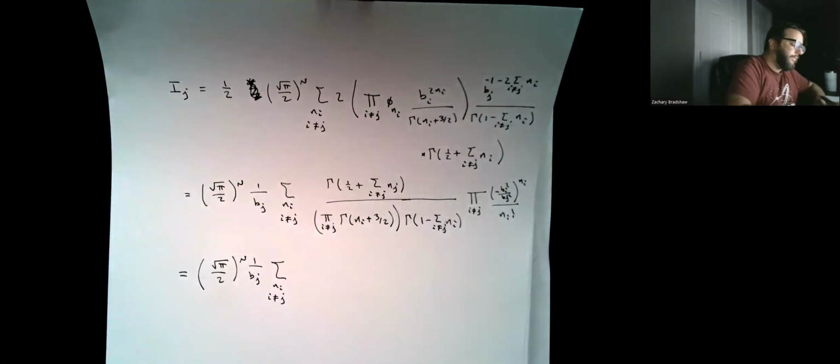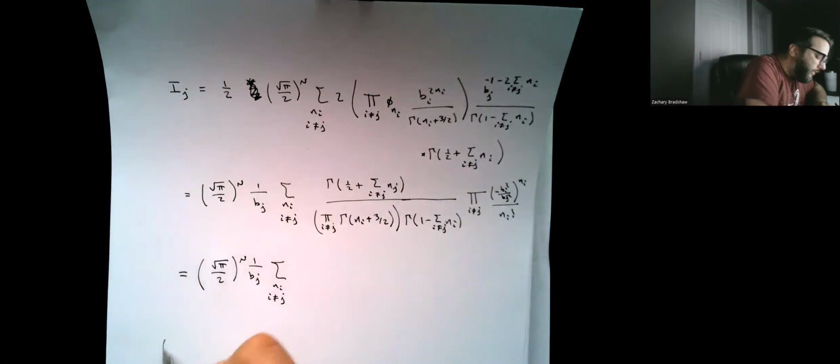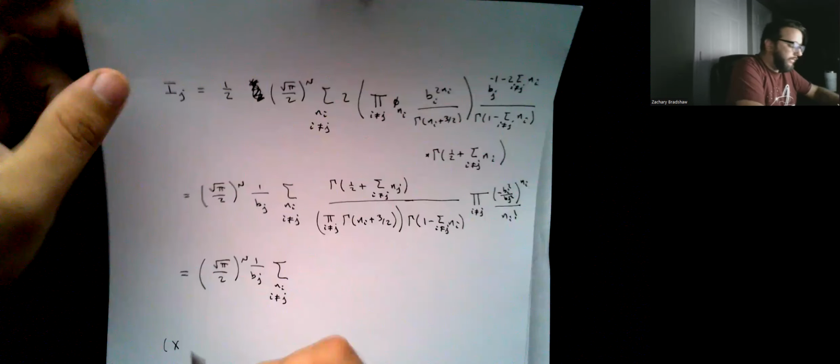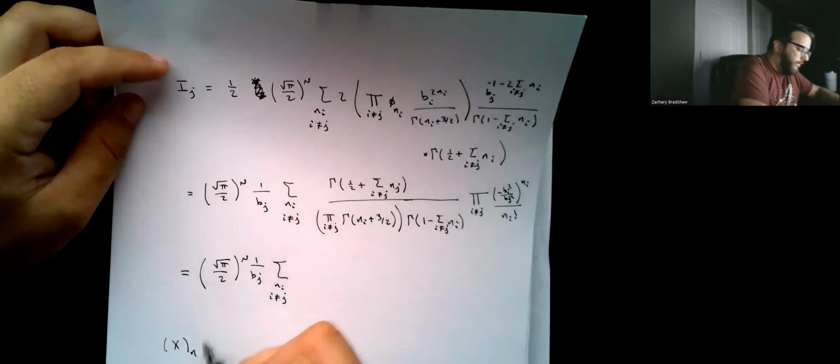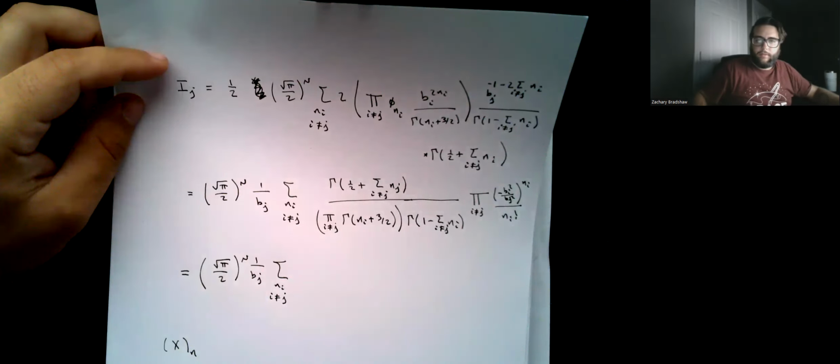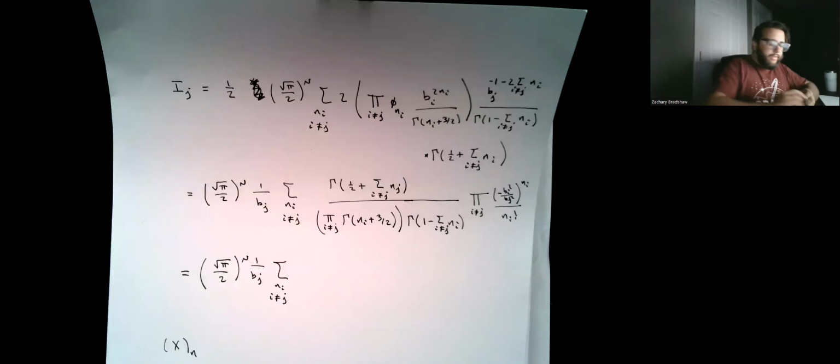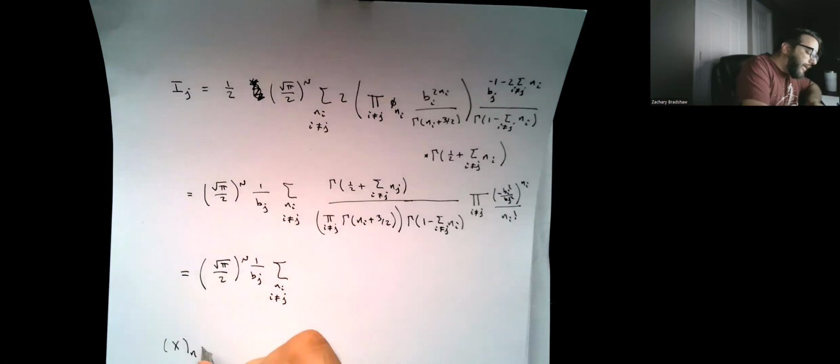So the Pochhammer symbol is given by this notation here, and it's given by gamma of x plus n over gamma of x.